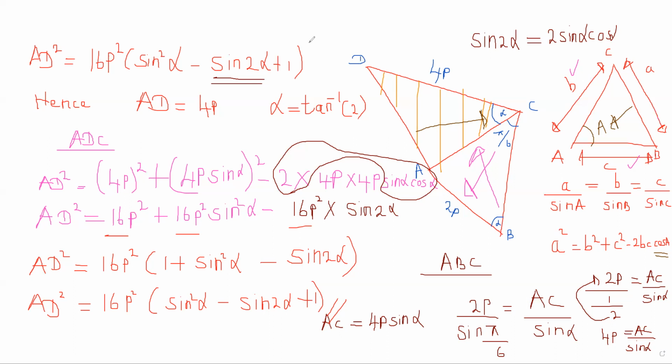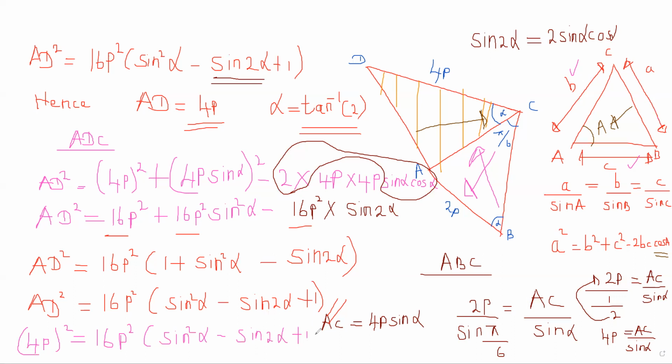Right. So the next part they are asking us to prove: if AD is equivalent to 4P, show that alpha is equivalent to tan inverse 2. So I'm going to use this result. AD is 4P, so we substitute it here: 4P whole thing squared, that is equivalent to 16P squared, times sine squared alpha minus sine 2 alpha plus 1.